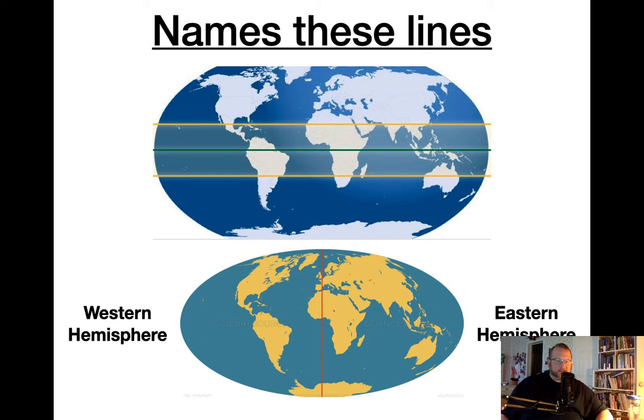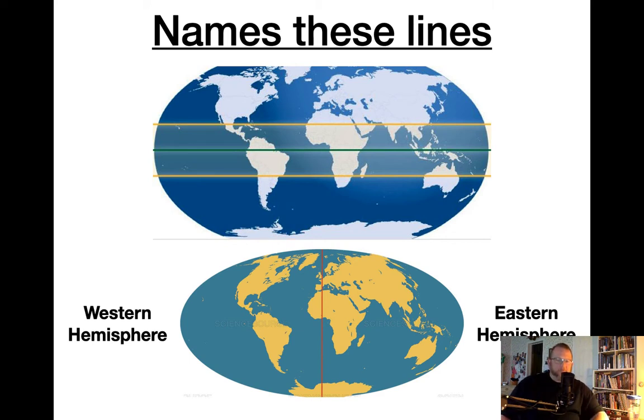The United States is in the northern hemisphere, and it's in the western hemisphere. Australia is in the southern hemisphere, and it's in the eastern hemisphere. So all continents are in at least 2 hemispheres. Some continents are in more than 2 hemispheres.